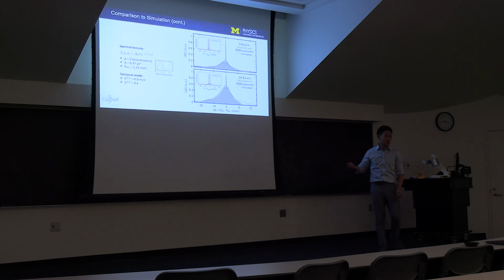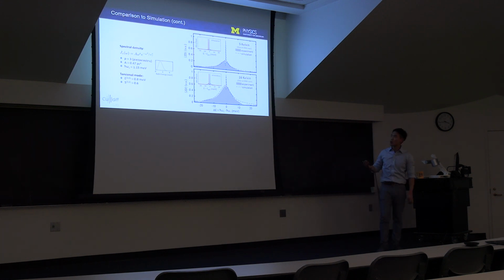And just to show you quickly our simulation parameters, the spectral density that we use has this functional form, which is derived for a spherical quantum dot. There are three parameters. The first parameter, P, can be 1 or 3, depending on whether the acoustic phonons couple via the deformation potential or piezoelectric coupling mechanism.